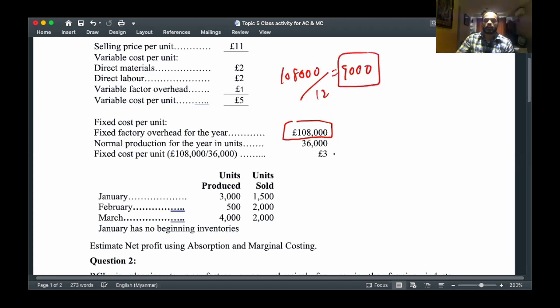But what you did, you multiply by production. All right. So you multiply by production, which is 2,000 for the month of February. So that's why you got 6,000. But actually, it should be 9,000 instead of 6,000.